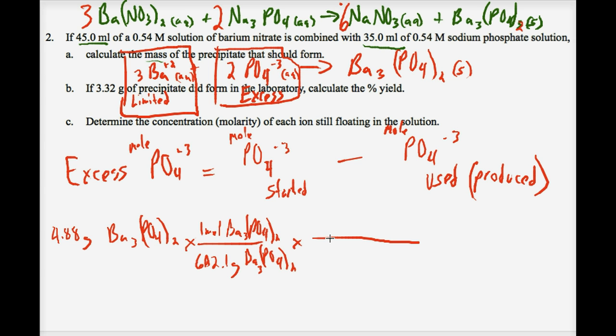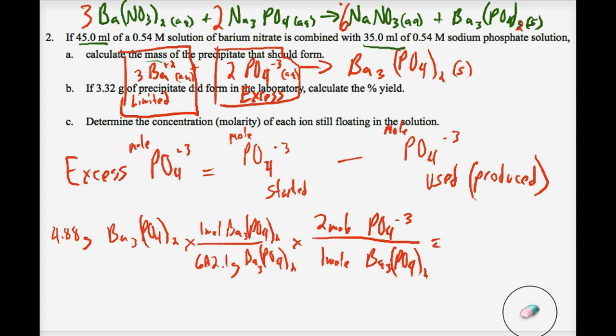We're going from our product, and I'm going to say for every 1 mole of Ba3(PO4)2, there were 2 moles of PO4 3-. And when we do that, we're going to get moles of phosphate used. All right, so I'm going to say answer: mole PO4 3- used.